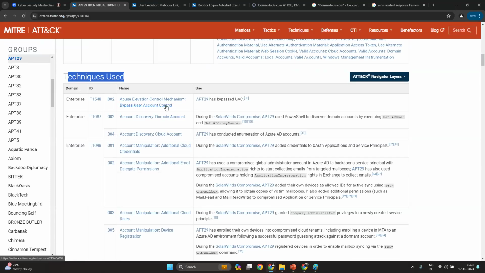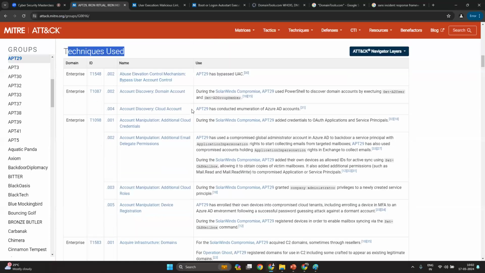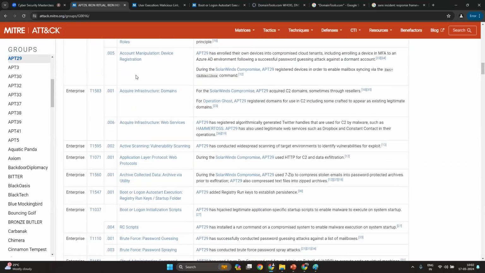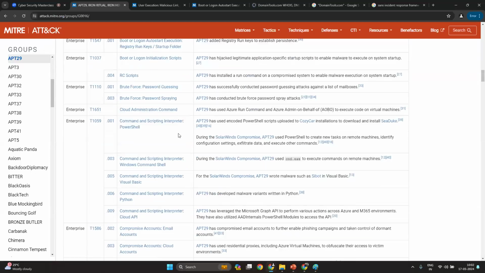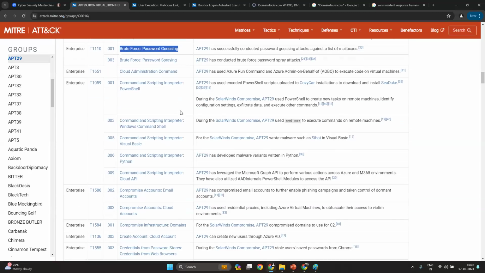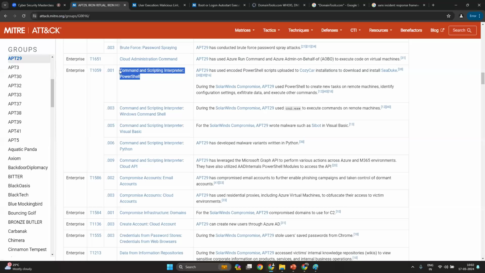Like, how do they achieve persistence, or privilege escalation? It could be initial access through brute force, or lateral movement once they have initial access, and again establishing persistence or privilege escalation.